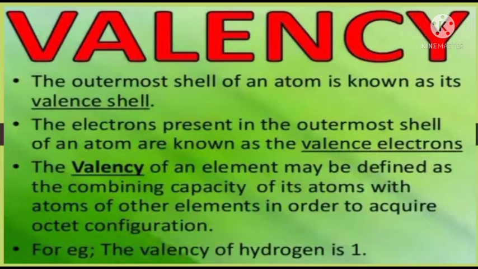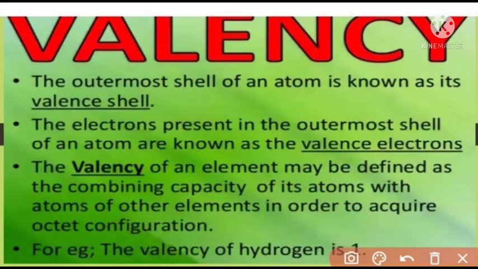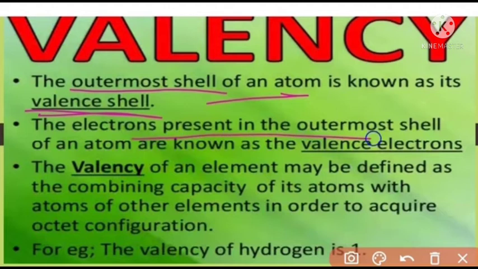Next we are discussing valency. Valency means the combining capacity of an atom. The outermost or last shell of an atom is known as the valence shell. Electrons present in the outermost shell of an atom are known as valence electrons.